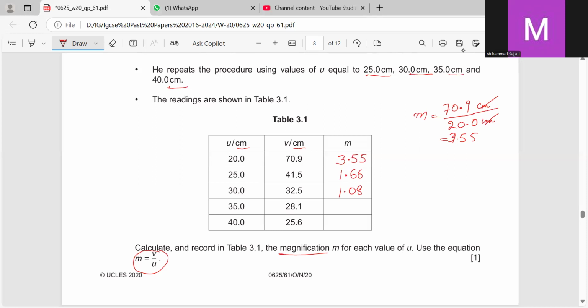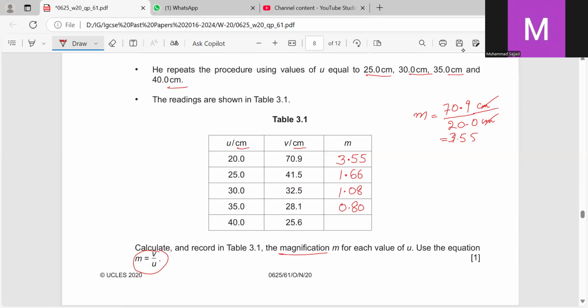Then the next value is 28.1 over 35, so it will be less than 1, and it is almost 0.80.